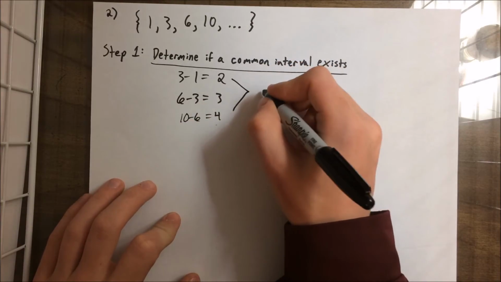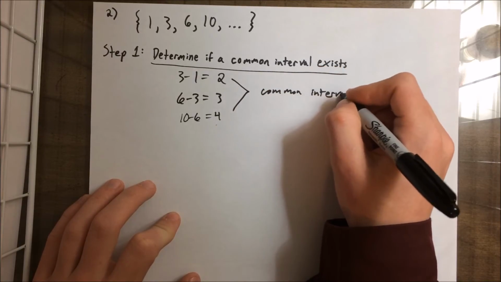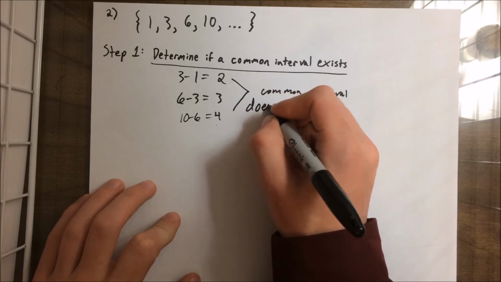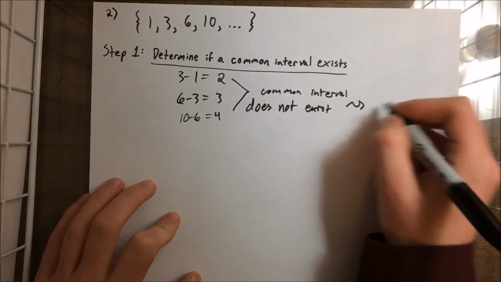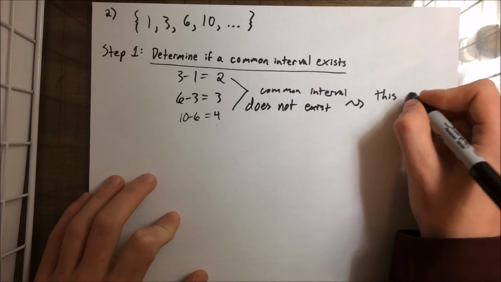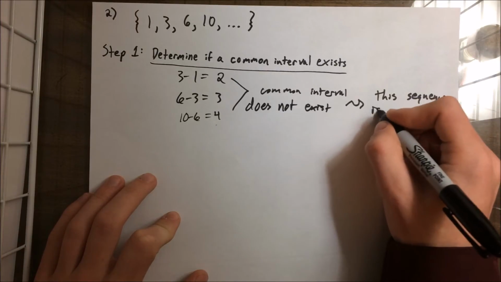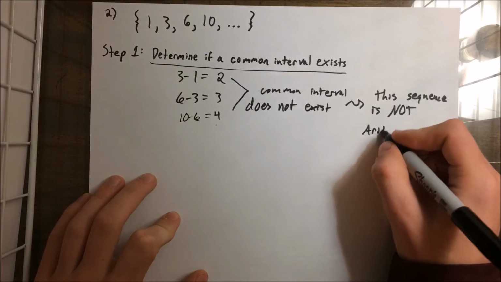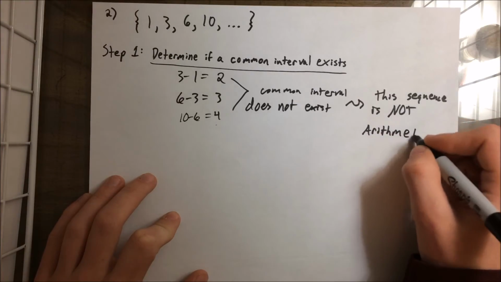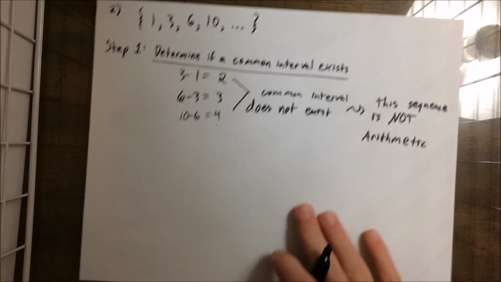So we know that a common interval does not exist, which means this sequence is not arithmetic. Okay, so that means we're done with that example. So we're moving on to example 3.